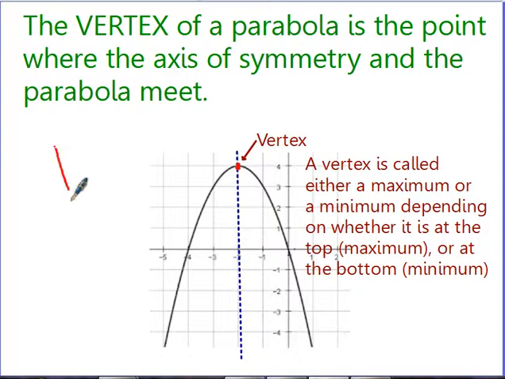If my parabola opened up and faced the other way, my vertex would be the lowest point on that parabola, and that would be called a minimum. So vertex is that point where the axis of symmetry and the parabola meet. It's always going to be the highest or lowest point of your parabola, and therefore called your maximum or minimum.